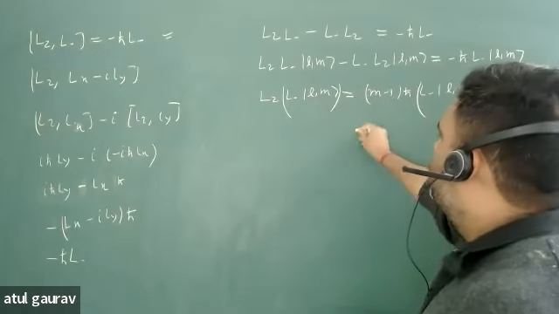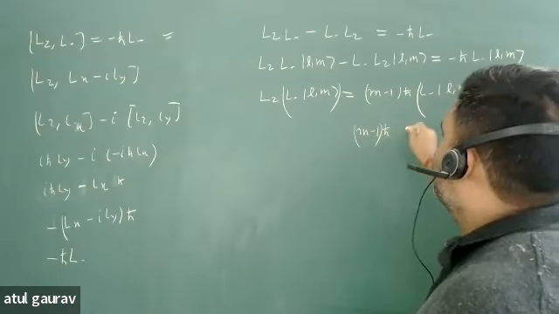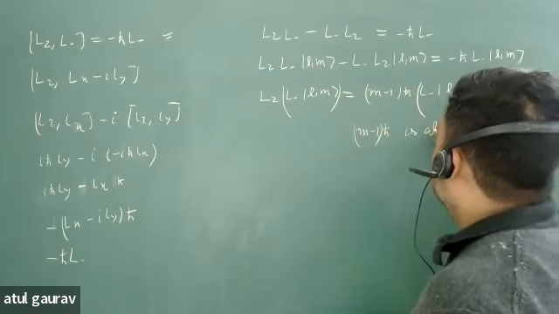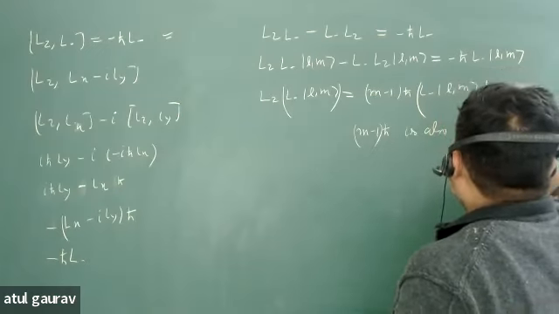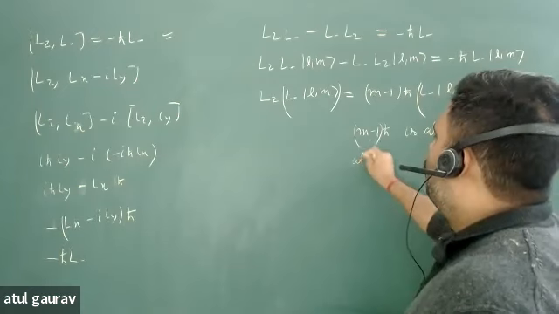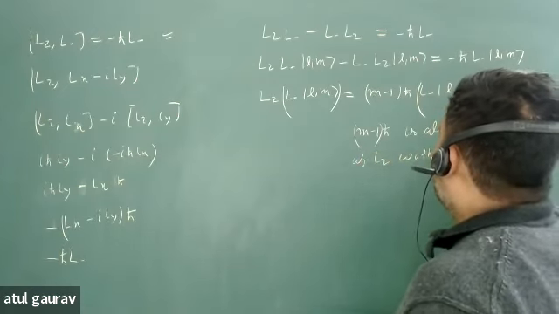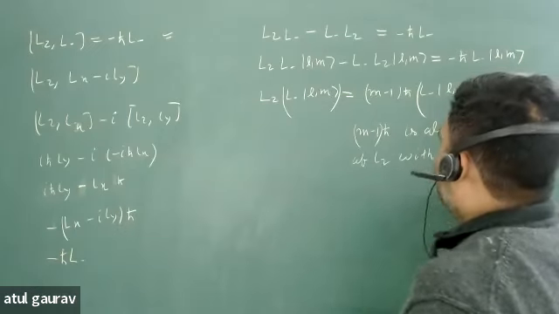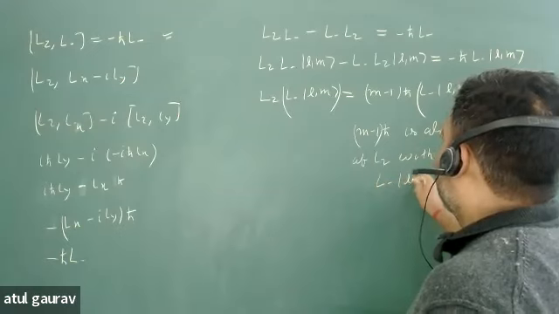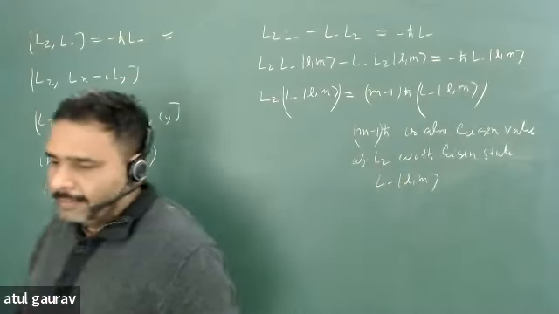So what will happen? (M minus 1) h cut is also an eigenvalue of Lz with eigenstate, that eigenstate is L minus |L, M>. This is your eigenstate, isn't it?